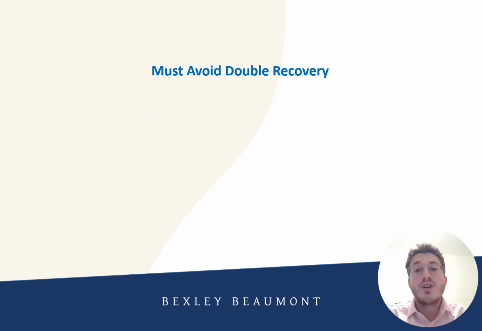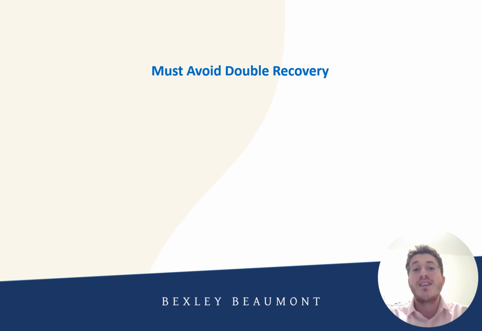Now, the important point is that you must avoid double recovery. As I have mentioned, with the issue of the defects, there is possibly two options available, abatement or set-off. Now, you cannot do both. You cannot seek to abate, i.e. reduce the value because of the defects, and then also bring a set-off claim for damages for the issue of the defective works being your additional cost to employ others.